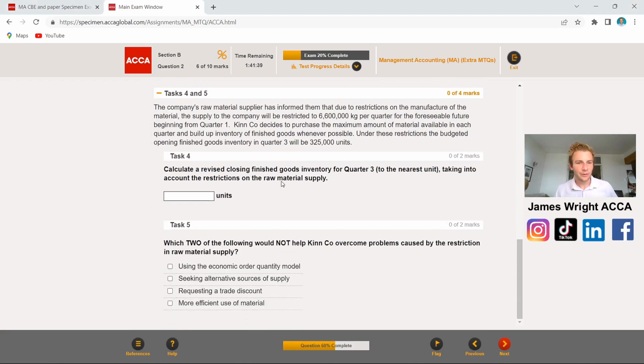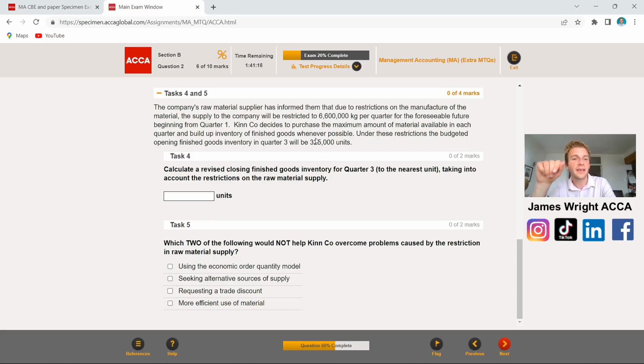So taking that now down to tasks 4 and 5, and you can see a bit of a paragraph on there, but I'm going to go straight to the task so I can understand what's going on. So task 4, calculate a revised closing finished goods inventory for quarter 3 to the nearest unit, taking into account the restrictions on the raw material supply.